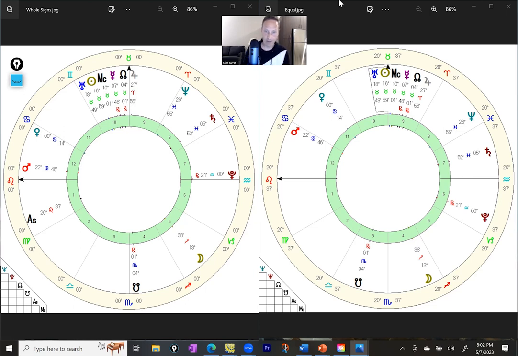So it takes that degree marker and it says, okay, we're going to create the houses from there. So if you look at the cusp of the 2nd house with the sign of Virgo, 20 degrees, 37 minutes. You look at the 3rd house, you have 20 degrees, 37 minutes with the sign of Scorpio, and so on and so forth.